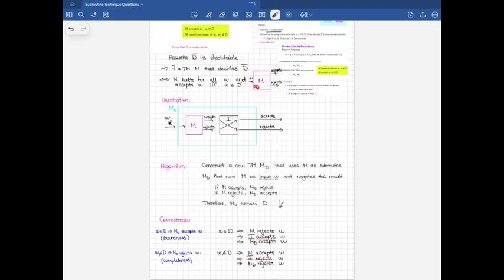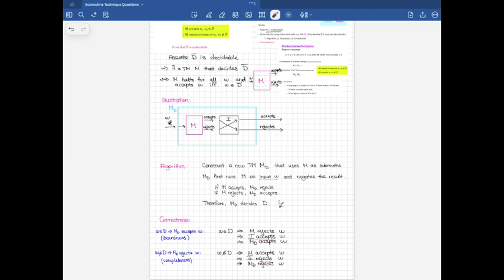Using that Turing machine, we created another Turing machine MD that decides the diagonal language D, which we know is undecidable. After we have the algorithm for this, we also show the correctness of that Turing machine MD. So MD actually decides the diagonal language D, right?